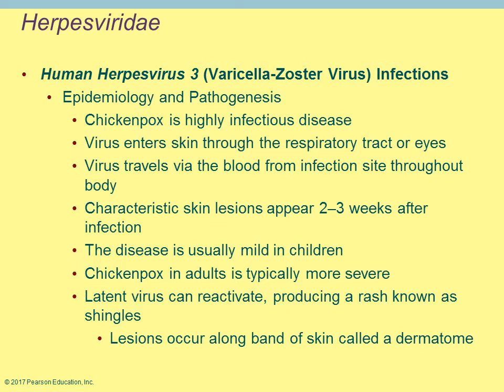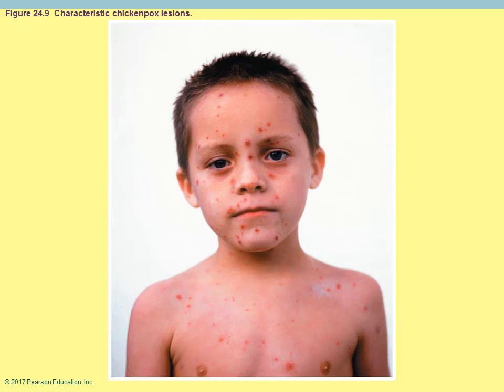The virus can remain latent or dormant in the nerves and then reappear later in life as shingles. So this is your classic chickenpox lesions.